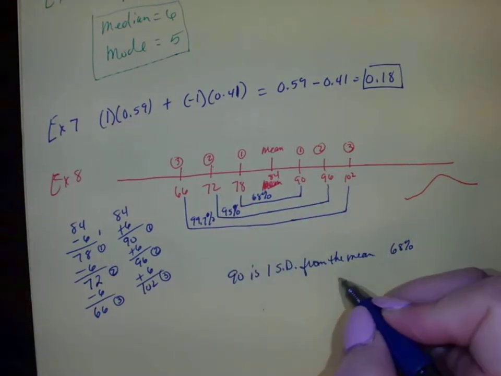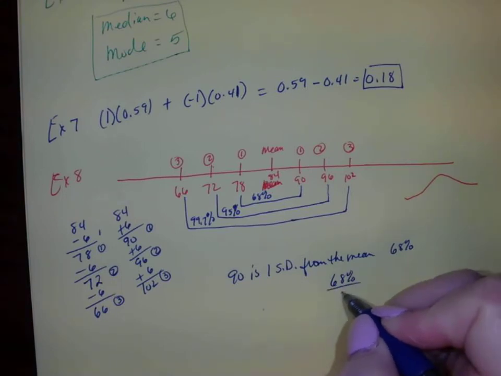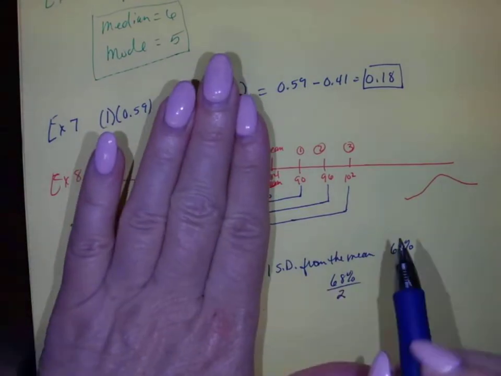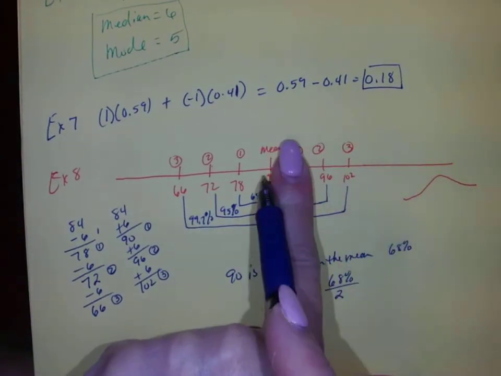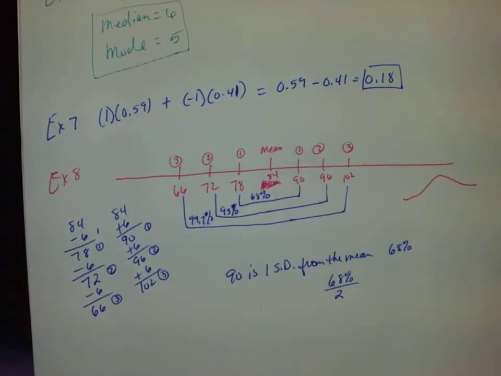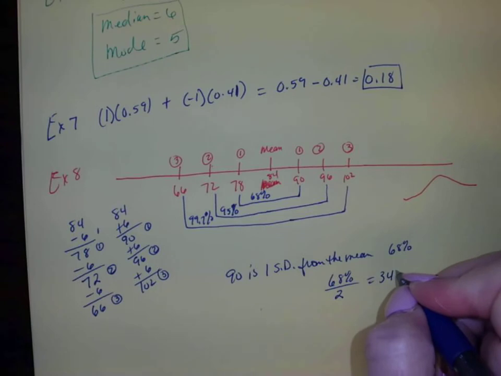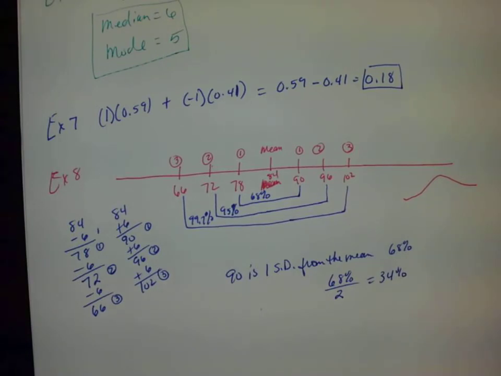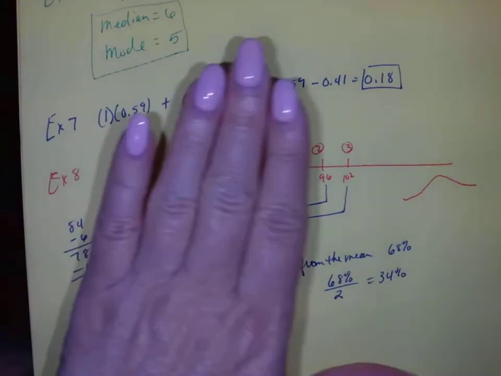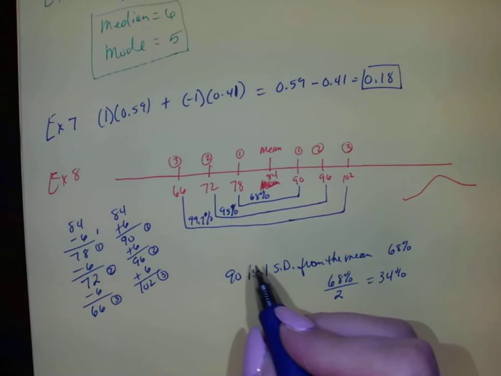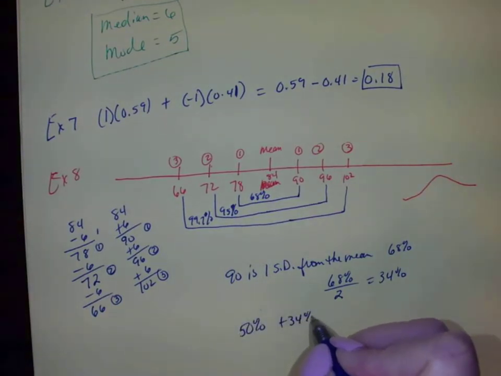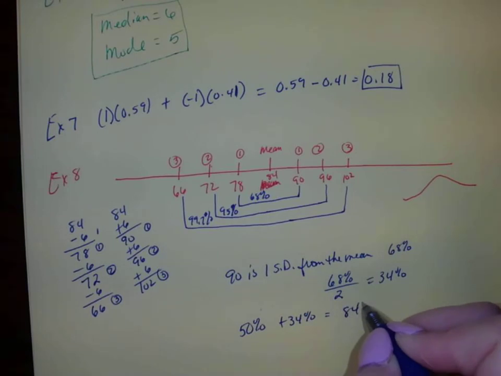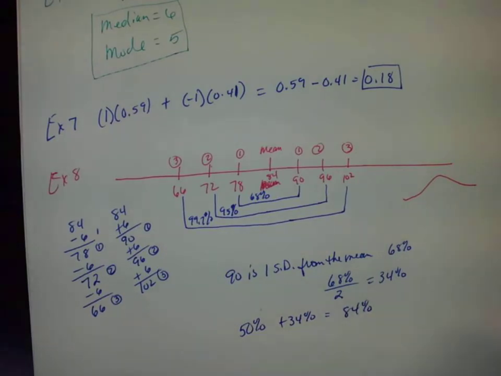If we take 68% and divide it by 2, because half of our 68% is above the mean and half is below it, that gets us 34%. We take the 50% plus the 34%, and that gets us 84%. So the answer is 84.